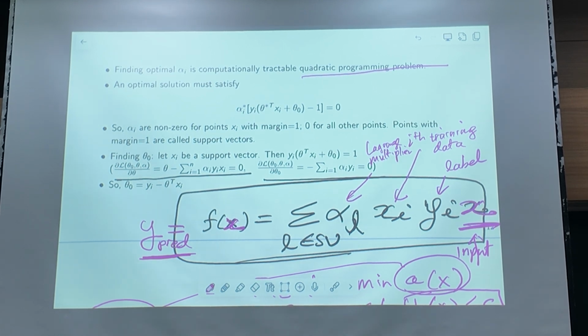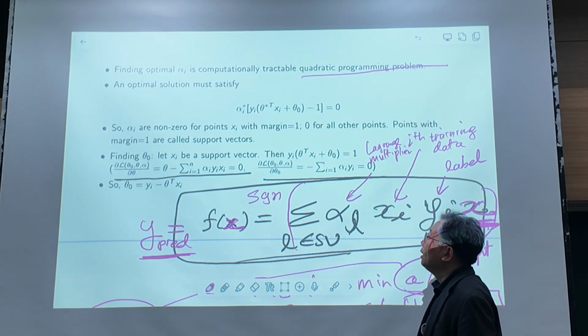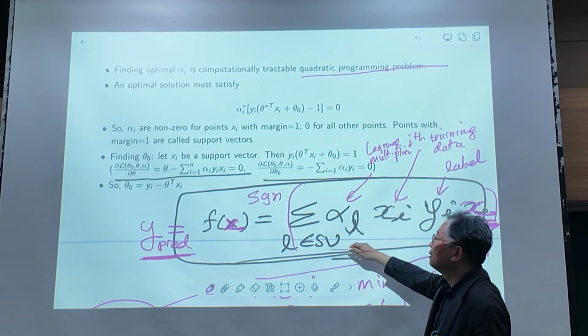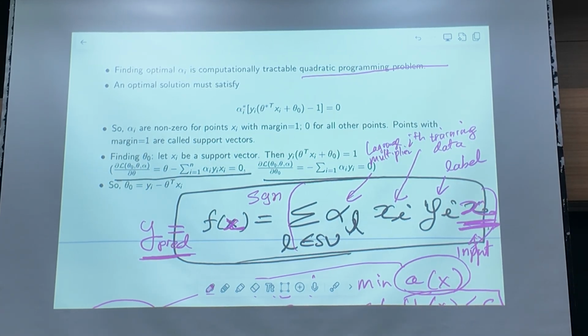And then you would have to look at the sign of this to predict the sign of the label. And you could derive that. So this comes from the training data. You need to determine what the Lagrange multipliers are, and you need to pick out which ones are the support vectors.